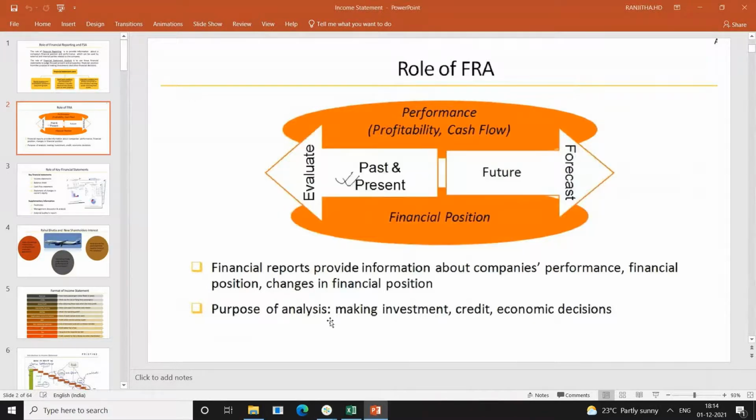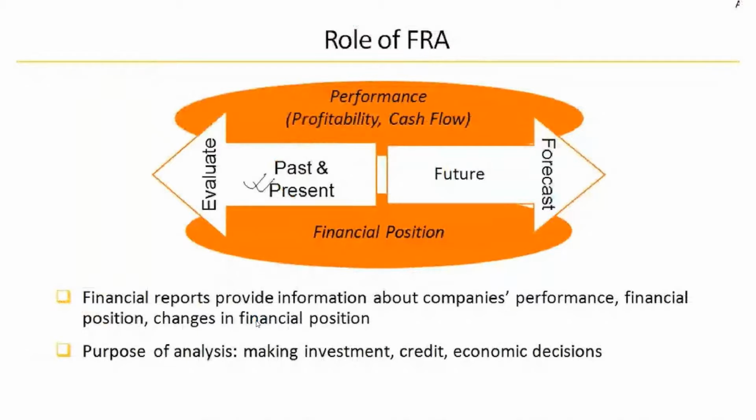Here we need to know the performance and the position of the particular company, so we need to do these financial statements. In that line item, the first we will be doing is the income statement.